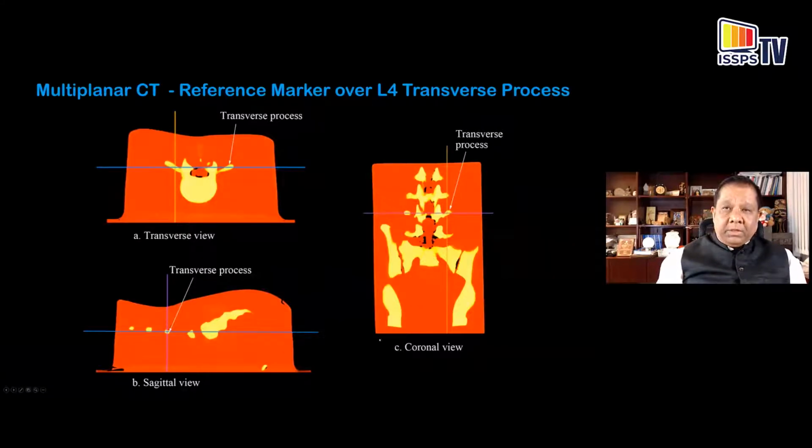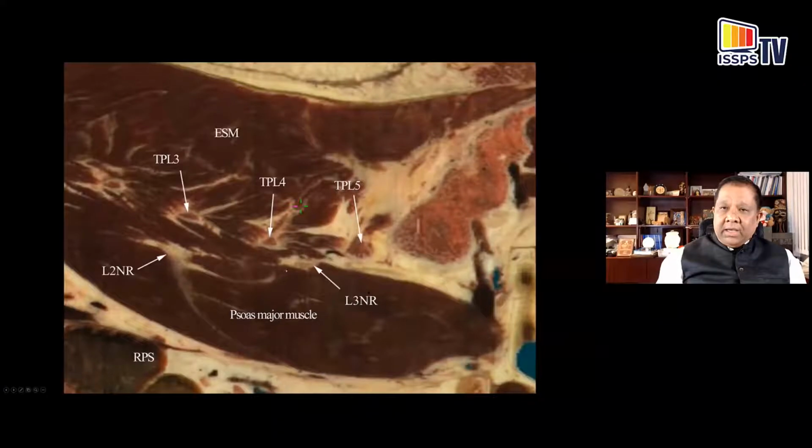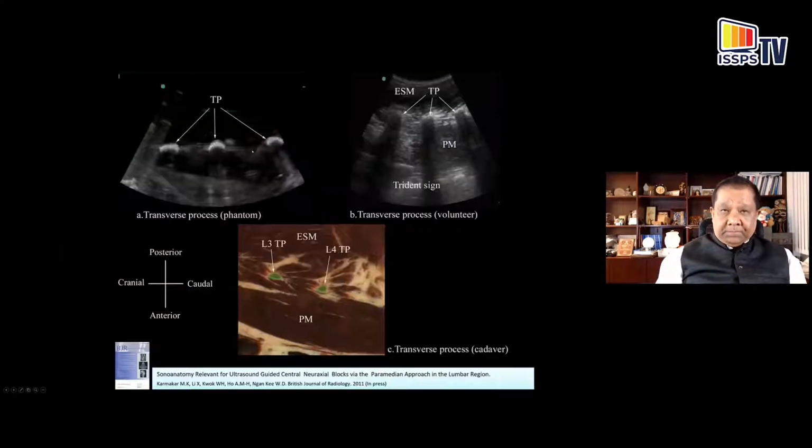In this multiplanar CT image of a phantom, you can see how the ultrasound image traverses or projects your transverse processes in different planes. So when you look at the anatomical view, this is the sagittal anatomical section. We are imaging the anatomy in this plane, and we're aiming to see the transverse processes and the psoas muscle anteriorly. You can see that in the phantom image.